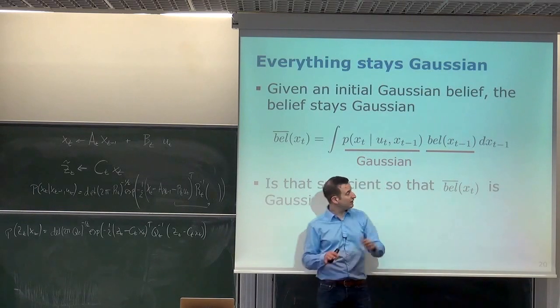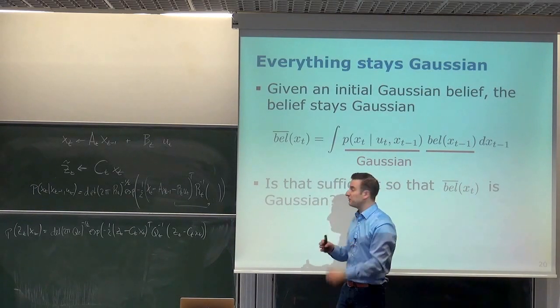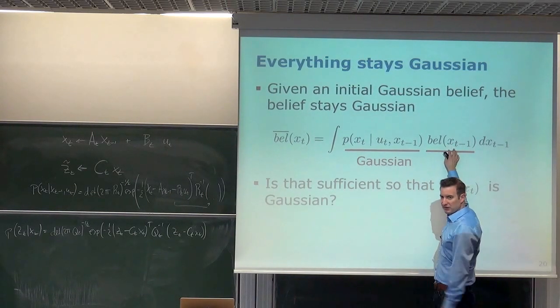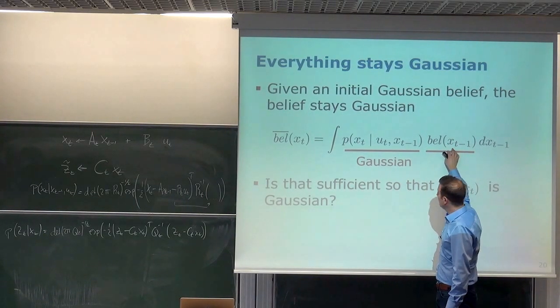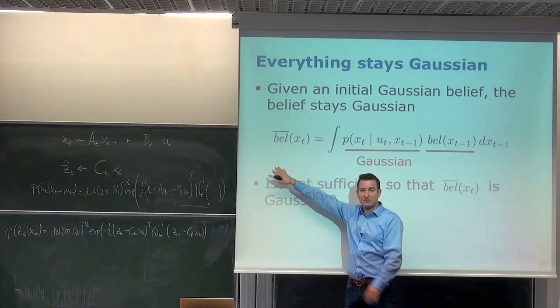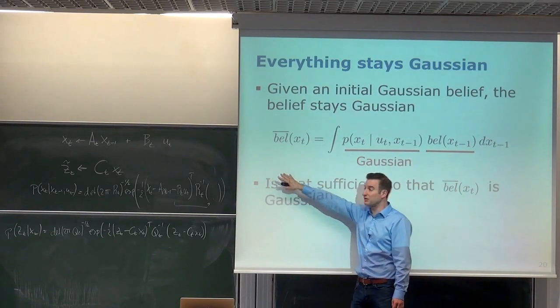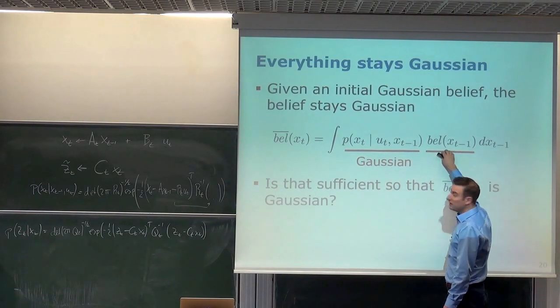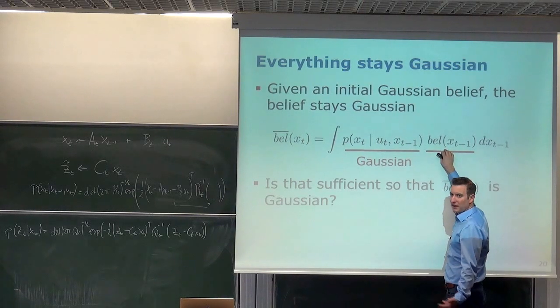So let's say in the time step 0 I put in a prior belief, and assuming this is a Gaussian, then this is Gaussian, assuming that everything works out, the belief at the next point in time will be Gaussian again. It's kind of recursive. So I can assume that it's Gaussian if my initial belief is Gaussian, so I initialize my filter.